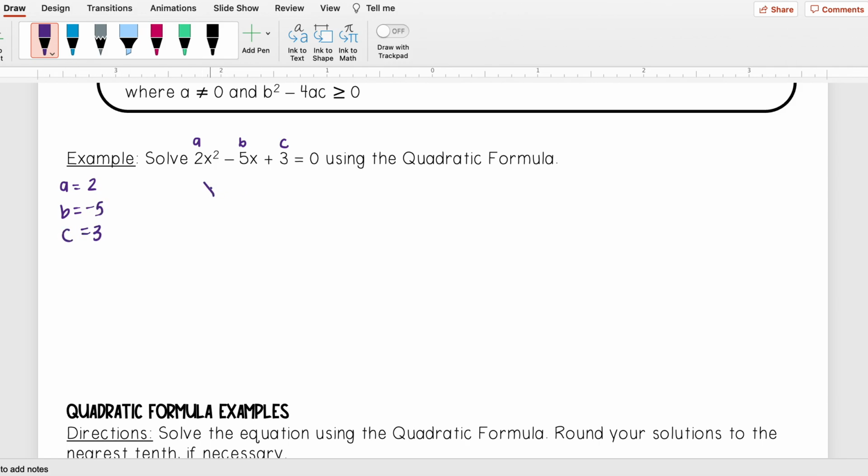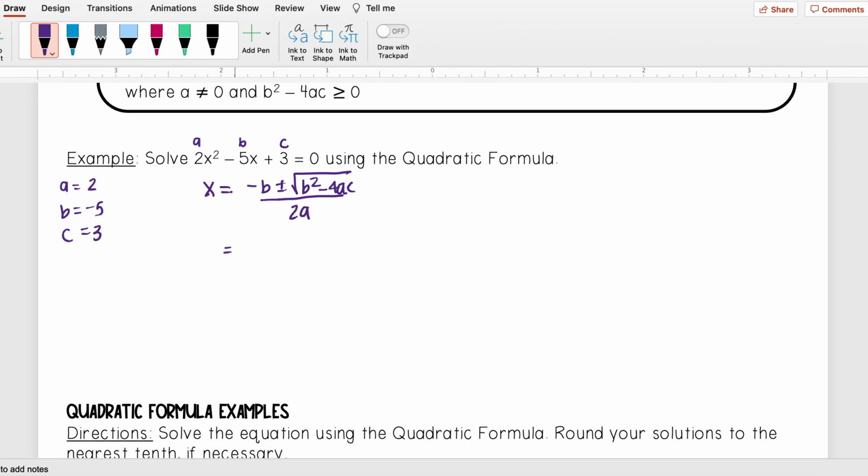And now I can go ahead and plug this into my formula. So my formula is x equals negative b plus or minus the square root of b squared minus 4ac all over 2a. So I can go ahead and plug in all of my a, b, and c.